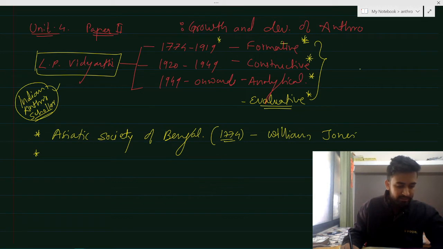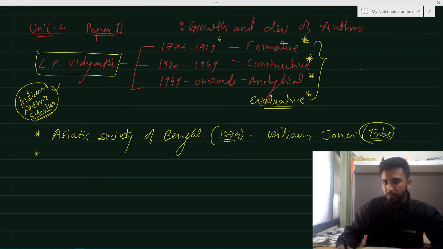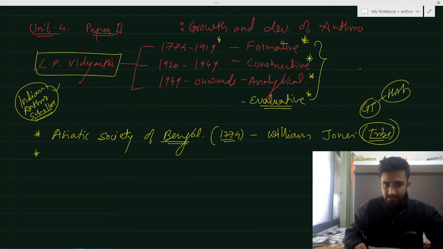Then emphasis was given to tribes, because if you have gone through GS1 and done history, you will realize that this period also coincides with various tribal and peasant movements. And this ASB made a lot of effort to study tribes, and how they could better exploit them.